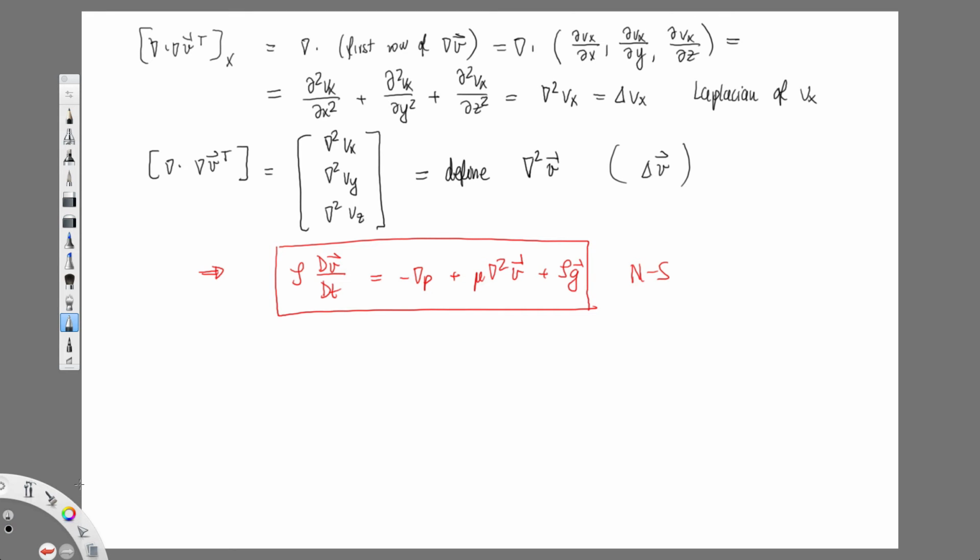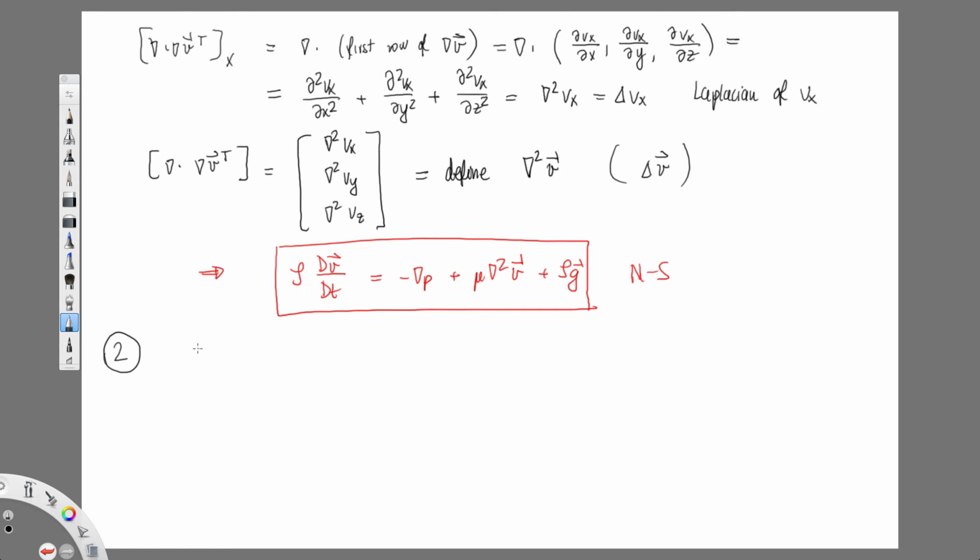The simple next example is for a very slow flow. I can assume that acceleration is nearly zero, and that gives me the so-called Stokes equation. That has on the left-hand side 0.